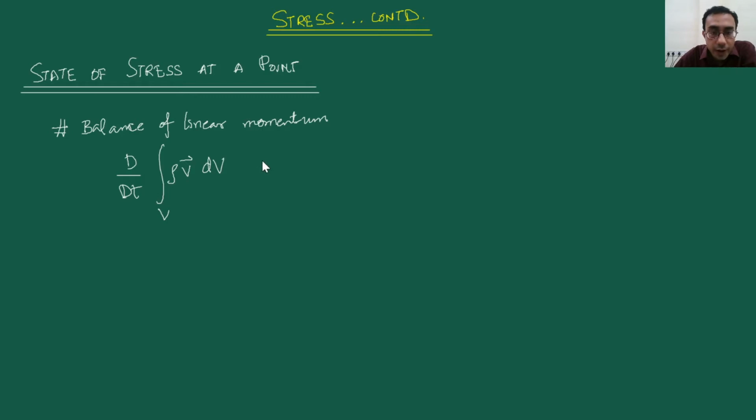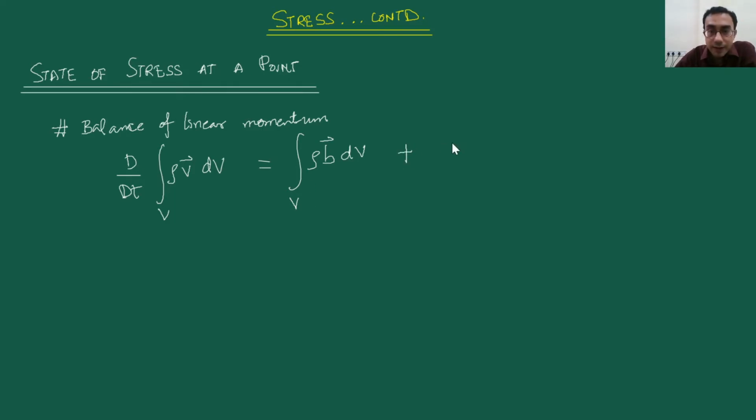Okay, and on the right hand side we need to write down the various contributions from the forces. Now these forces can be body forces, they can be surface forces. So for body forces, we'll write down like this. So rho is again the mass density, B is the force per unit mass, and we integrate over the entire volume.